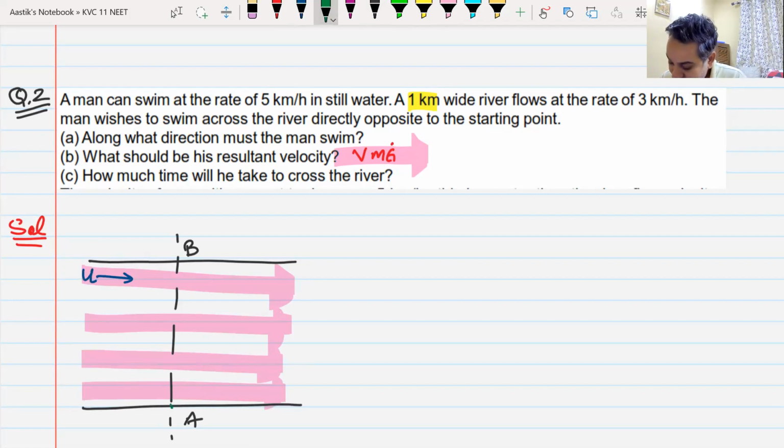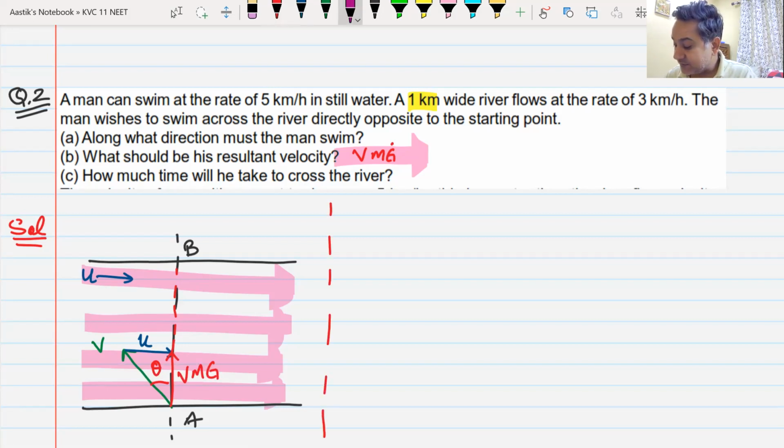How should he swim? He should swim at this angle here. Then the velocity of river will add up and his resultant velocity will become like this and he will end up here. This angle is theta.